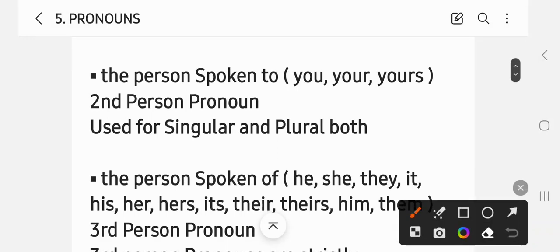Now coming on to the second person personal pronoun. This is used for the person spoken to, the person who is spoken to. You, your and yours. Now you, your and yours are used for both singular as well as plural.